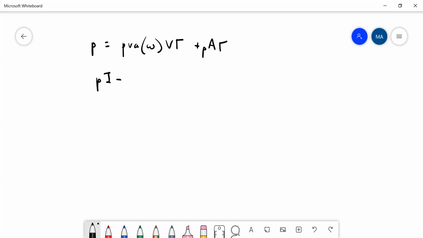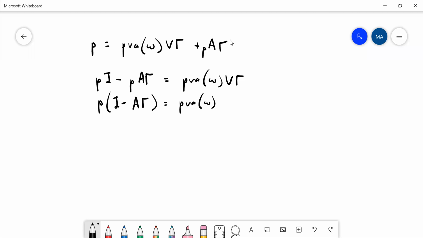So you have P times (I minus A gamma) equals price of value added V gamma, right? Then you multiply this with the inverse of this matrix, if it exists, of course.